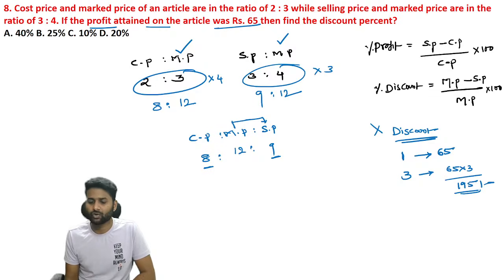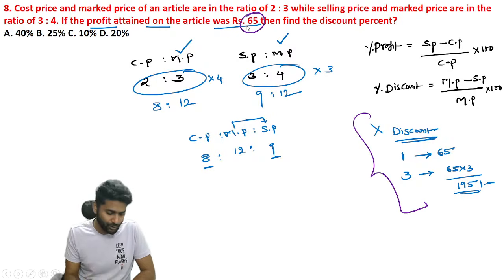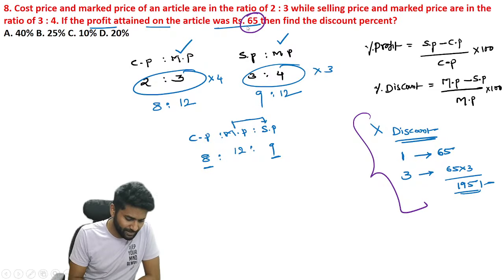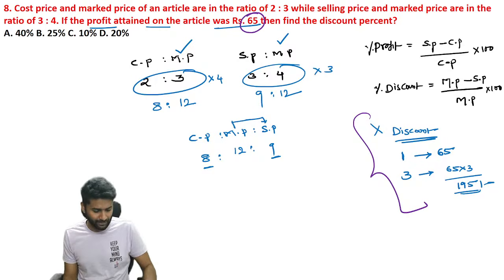But the question is not about the discount amount. If the question is about percentages, there is no need to compare with the value of 65. It's a waste of time, since 65 is the common comparison. Now we need the discount percentage.